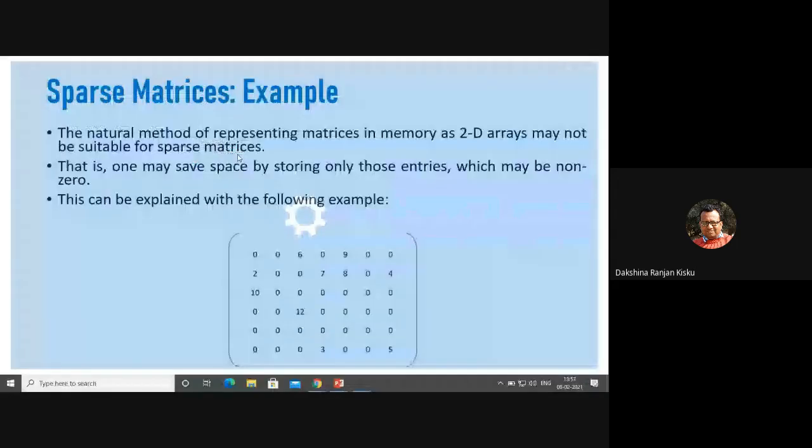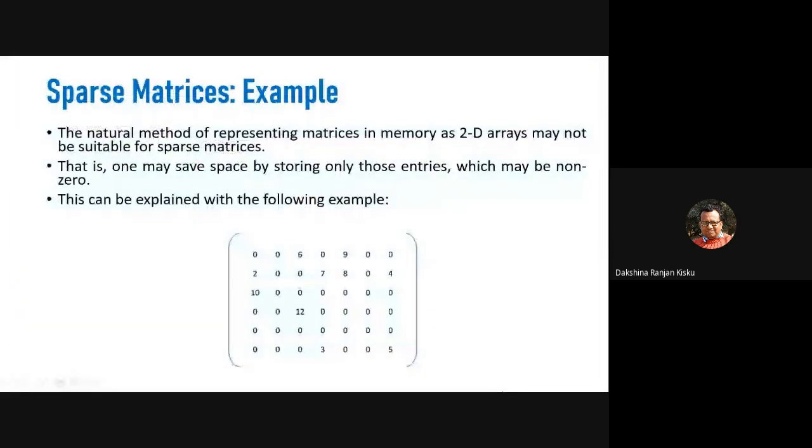In this case, we can see that the row number is 1 and the column number is 3. So we will use this three tuple information. Three tuple information can use the row number, column number, and the value at that position.